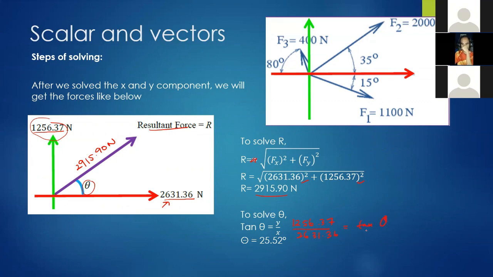So if you do tangent to the power of -1, you have the value of the angle, which is 25.52 degrees. If you have a calculator right now, you can try: 1256.37 divided by 2631.36. The angle will be 25.52 degrees.